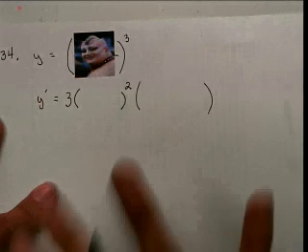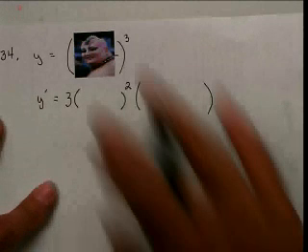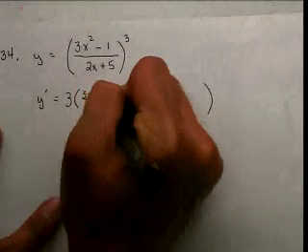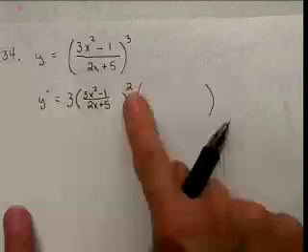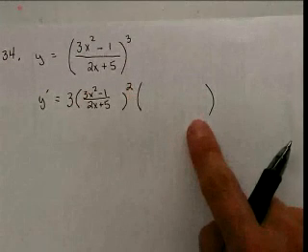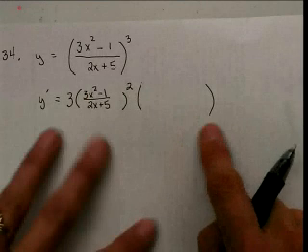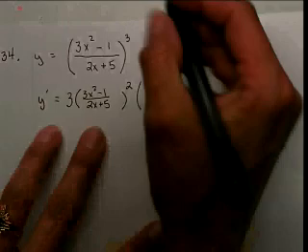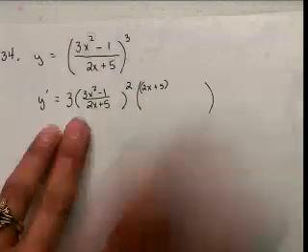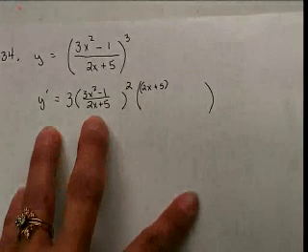But here's what I'm expecting. 3 ugly squared. And what's it going to take to find the derivative of the ugly? Quotient rule. Quotient rule starts with the denominator times the derivative of the numerator, which is 6x.